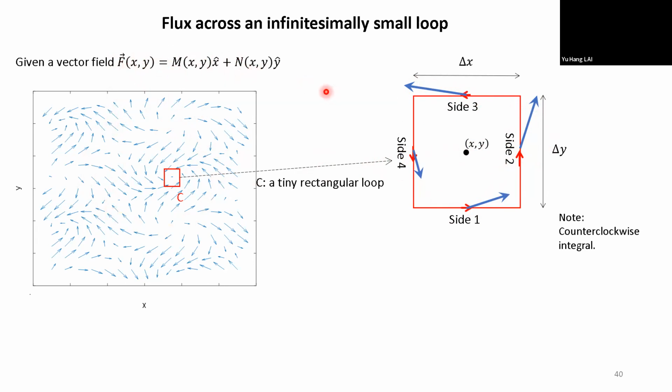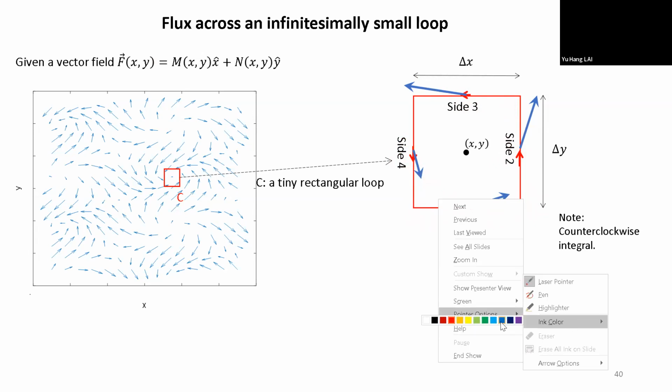So if I want to calculate the flux across this infinitesimally small loop, then again I have 4 sides to take care of: this side 1, side 2, side 3, and side 4. If I consider side 1, what is the normal vector I have?